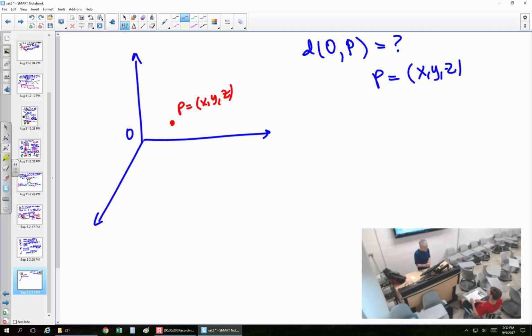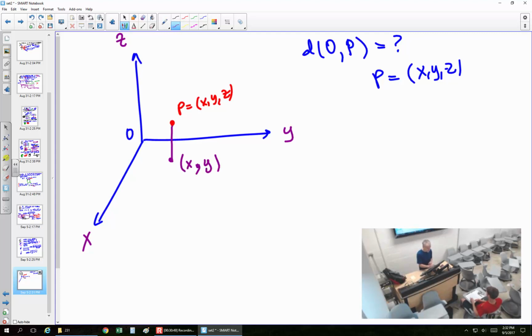I'll start with the planes, and initially I will go down on the xy plane. Let me mark x, y, z. The coordinates of this point are x, y, z, and then we sort of cancel the z, so it will be simply x, y.